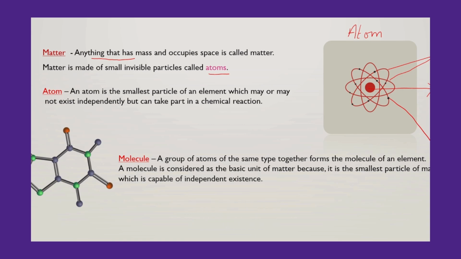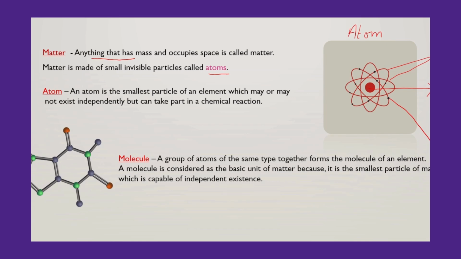So what is atom? Atom is the smallest particle of an element which may or may not exist independently but can take part in a chemical reaction. It is the smallest part of an element. We will study in this chapter itself, which may or may not exist independently but can take part in a chemical reaction. And what are the constituents of an atom?